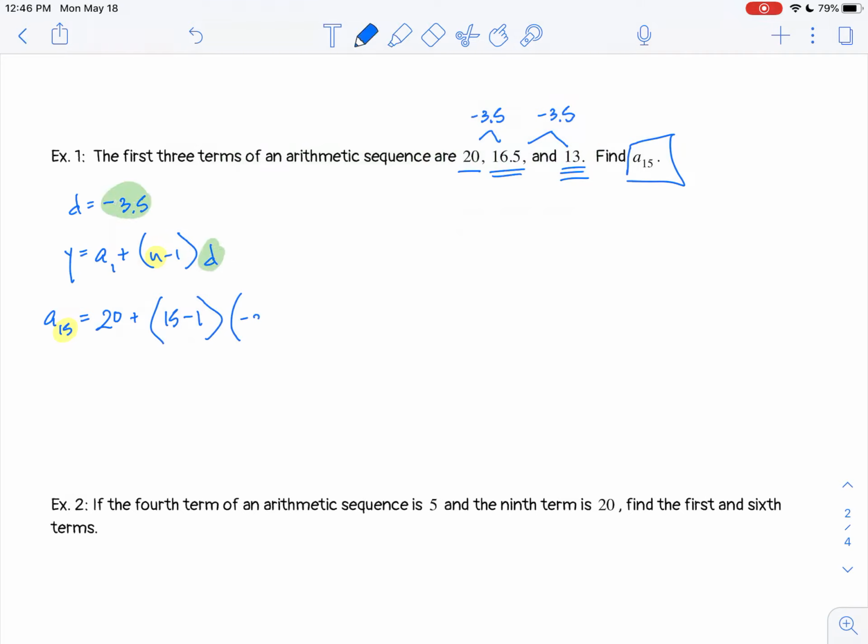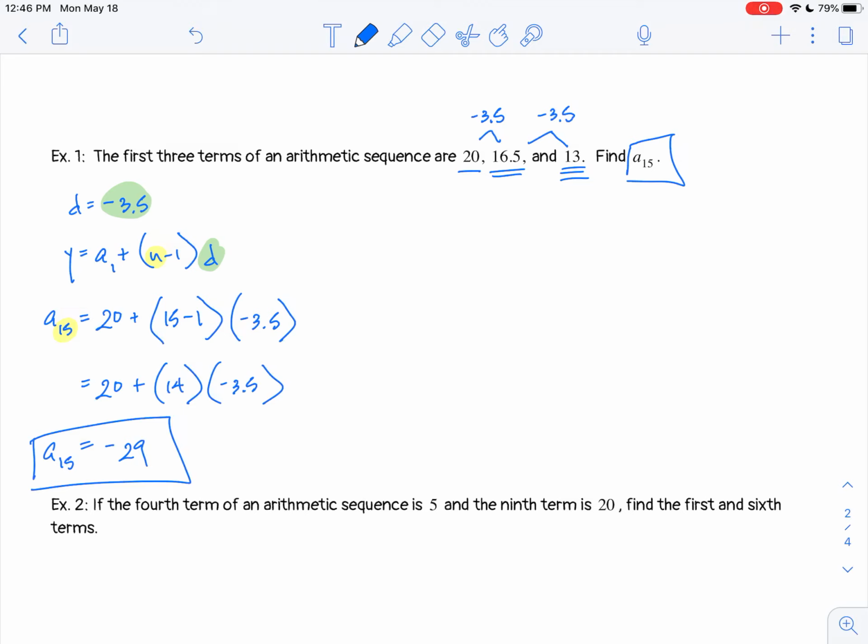I'm going to plug in negative 3.5. And I can do 20 plus 14 times negative 3.5. And let's see what that gets us. That gets us a total of negative 29. So that means that the 15th term is negative 29.